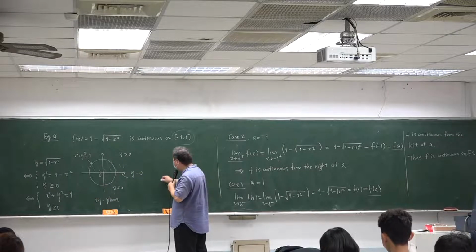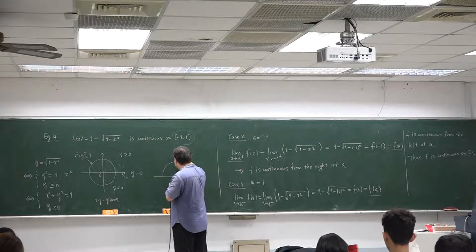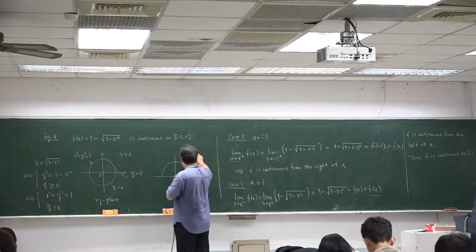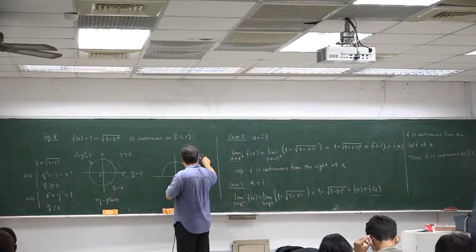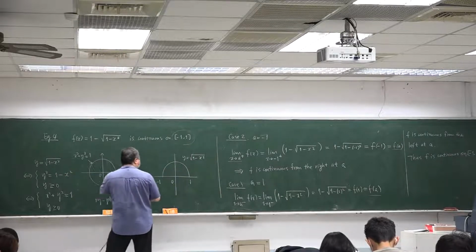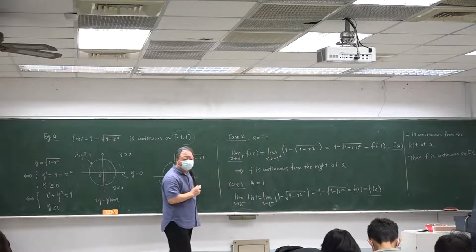Taking the intersection, we obtain a function whose graph is an upper hemicircle. Upper hemicircle.